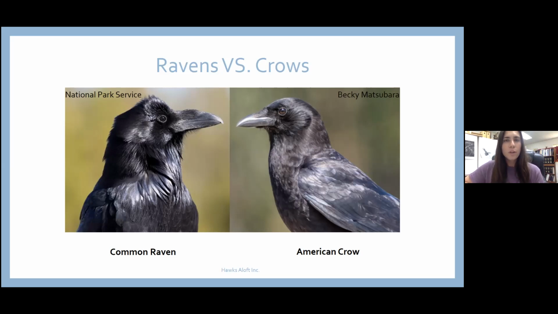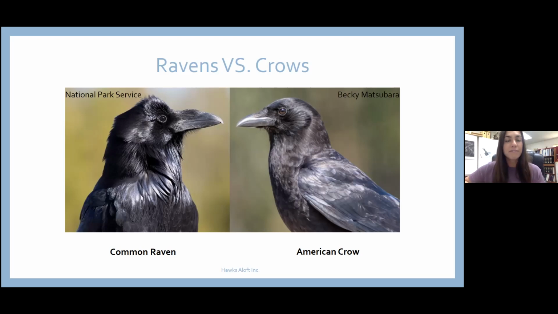Another really good way to identify a raven versus a crow is by their behavior, right? In this picture, they're sitting side by side, so nice next to each other. But in the field, or in birding, they probably won't ever be sitting right next to you for you to see those size differences.